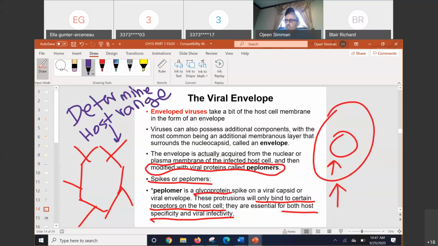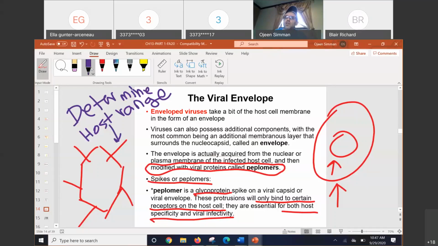There are viruses that infect humans, but are only able to affect certain tissues. For example, the polio virus infects only nerve cells because of the specific peplomers. Hepatitis virus only affects hepatocytes, or liver cells, because of its peplomers.